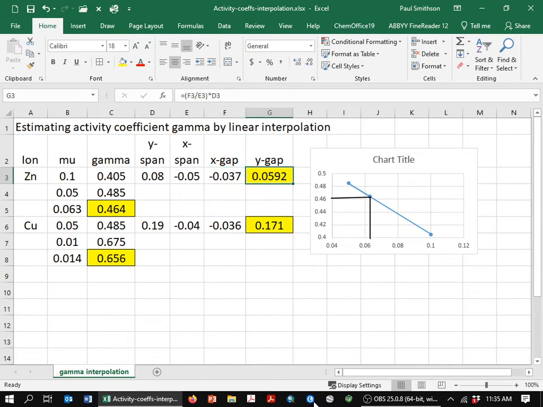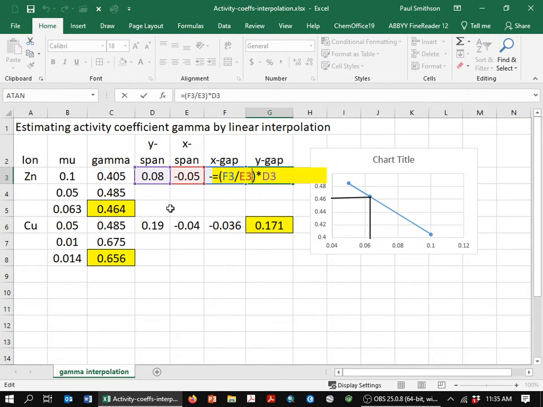So then the y gap, that is this unknown bit here, is the x gap over the x span.